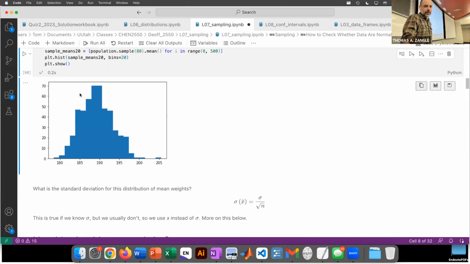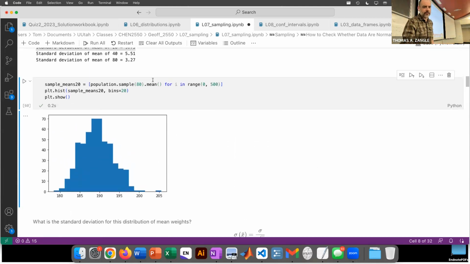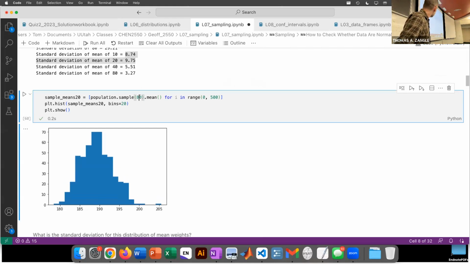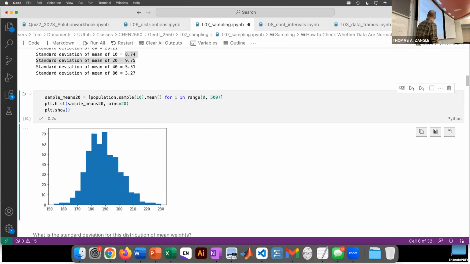Or another way of thinking of it, if I look at this plot here, I was effectively running a numerical experiment where I'm making 500 different samples of size 80 from this whole population. The average value of this distribution we should expect to be very close to the population mean. And even if I change this to 10, we should see that the average is still about the same.